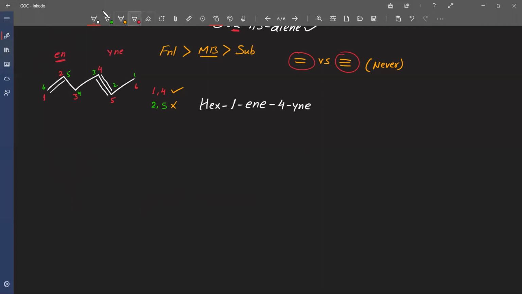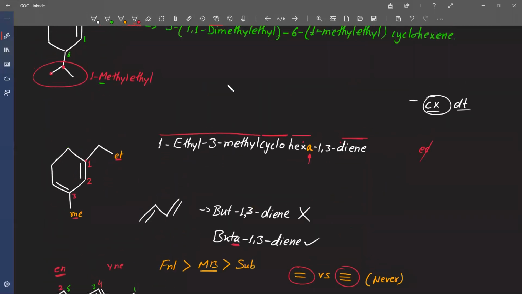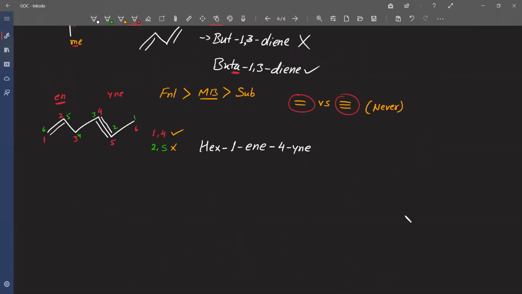But if you see the thing we have discussed earlier, that if you have two consonants together, then you insert a vowel, and if you have two vowels together, you will have to omit one of them. So here, this E and Y. Y is not a vowel, but how are you going to pronounce it? 'Yne'.